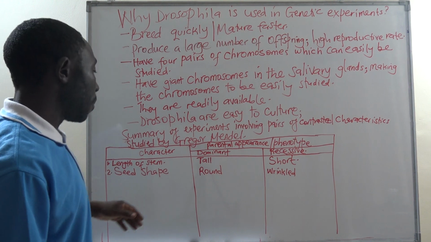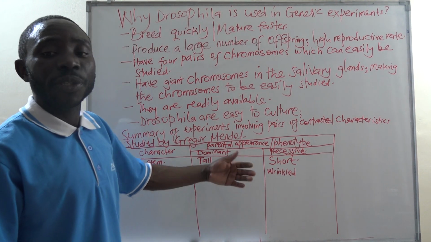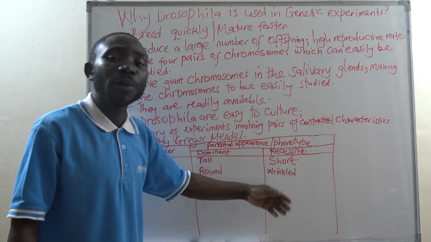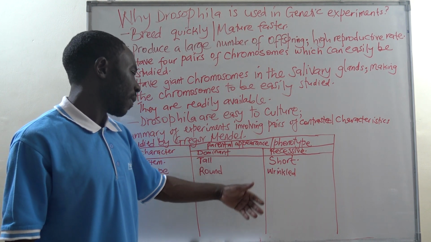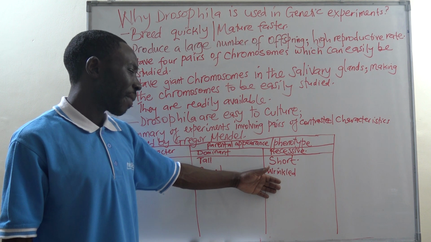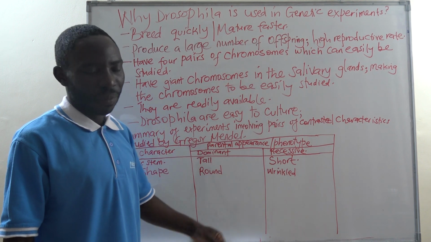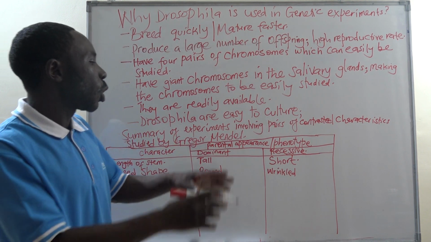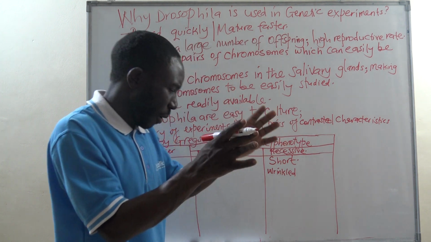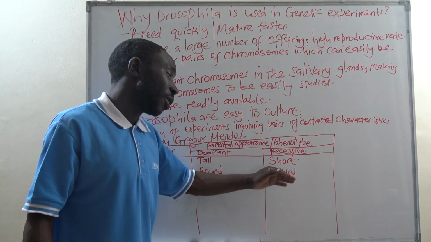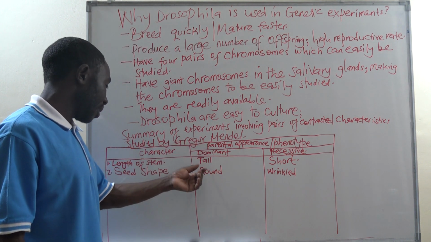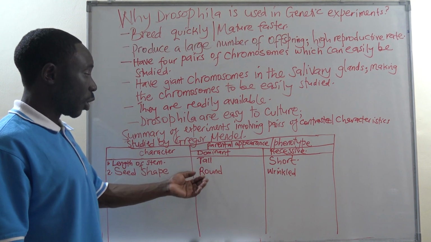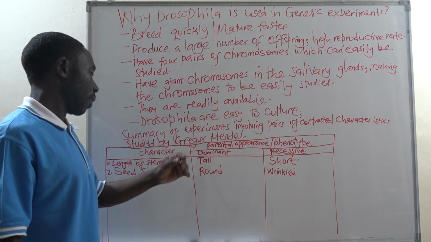So the recessive one is ringled. A ringled seed looks like a bean seed which has been soaked in water. When you soak a bean seed in water, the testa begins to coil itself. That is how a ringled seed looks. But the dominant expression of the seed shape is round.